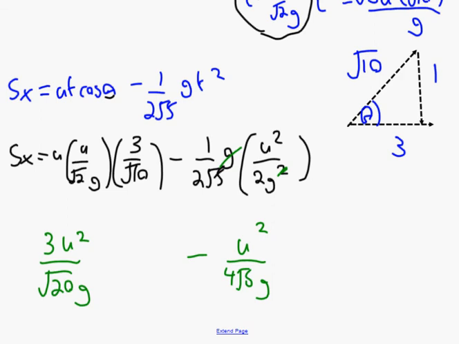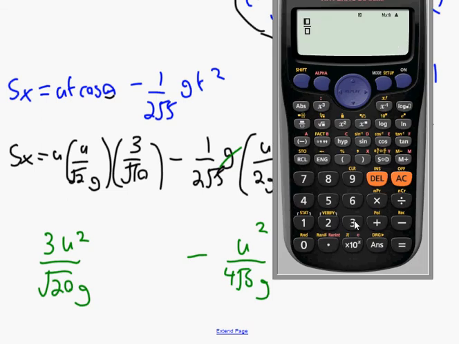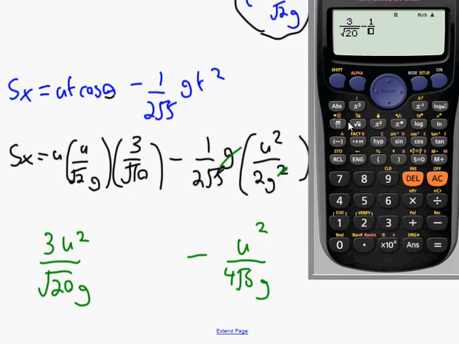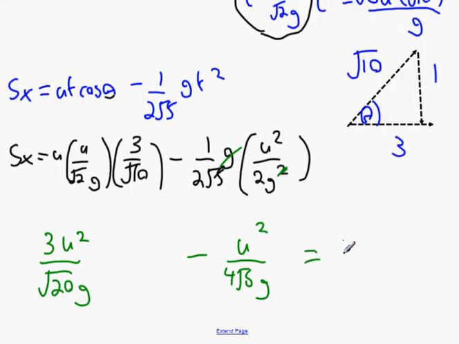Ignore the u squareds and just put into your calculator 3 divided by root 20, take away 1 over 4 root 5. The g is still there, right? It's going to leave in terms of g. Root 5 over 4g. You can put g equals 9.8 if you want. And that's just done, guys. U squared. Okay.